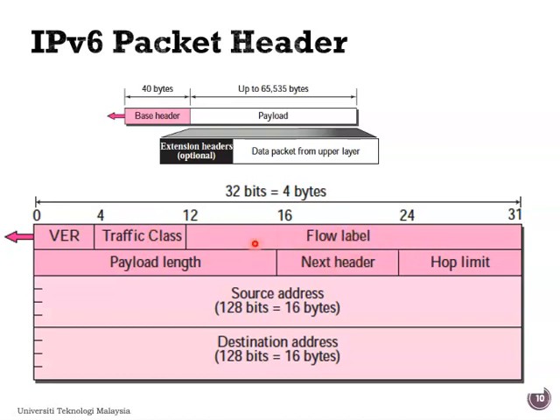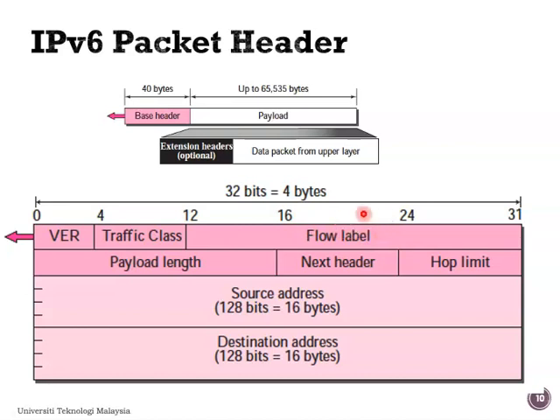And this is the flow label. The flow label takes a 20-bit field. It is designed to provide special handling for a particular flow of data. In other words, it can be used to speed up the processing of a packet by a router. When a router receives a packet, instead of consulting the routing table and going through a routing algorithm to define the address of the next hop, it can look at the flow label table for the next hop.